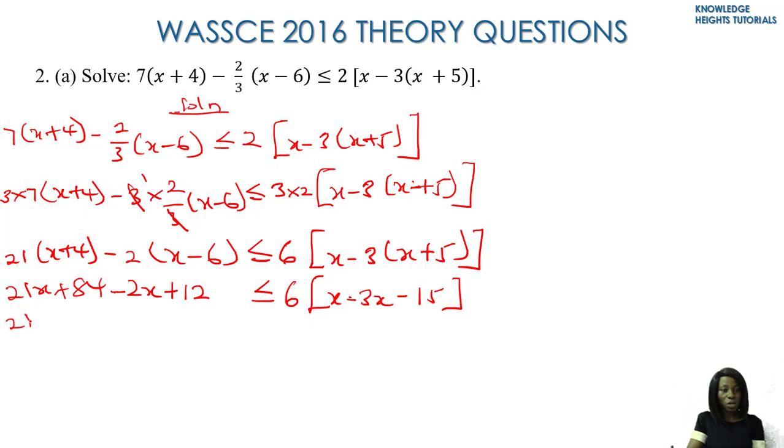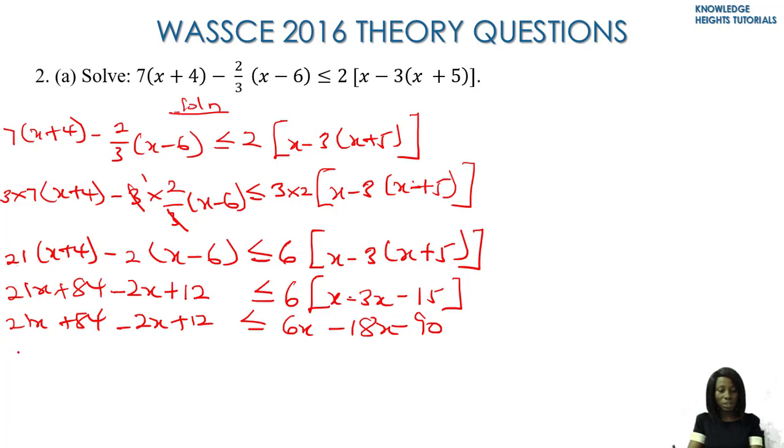We have 21x plus 84 minus 2x plus 12 less than or equal to, let's try and open this one too. We have 6x minus 18x minus 90. So we group like terms, all the x's on one side of the inequality. So we have 21x minus 2x.